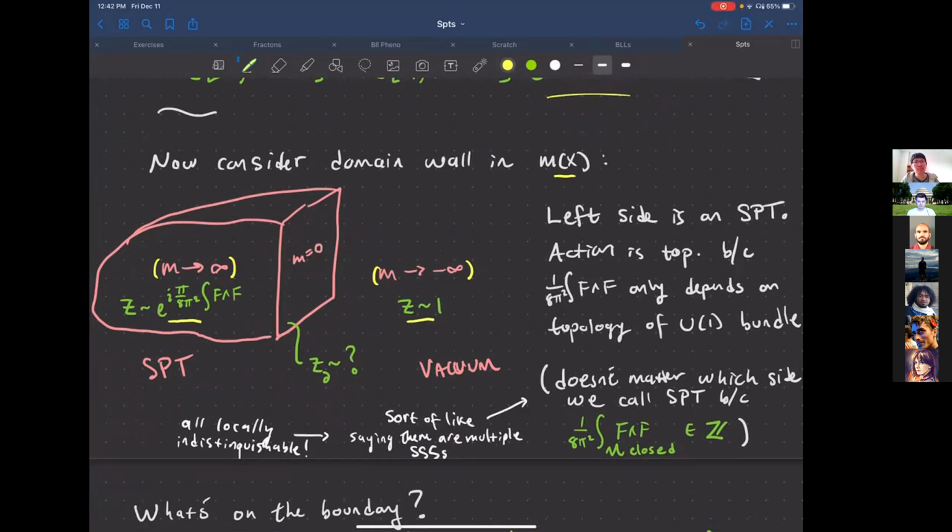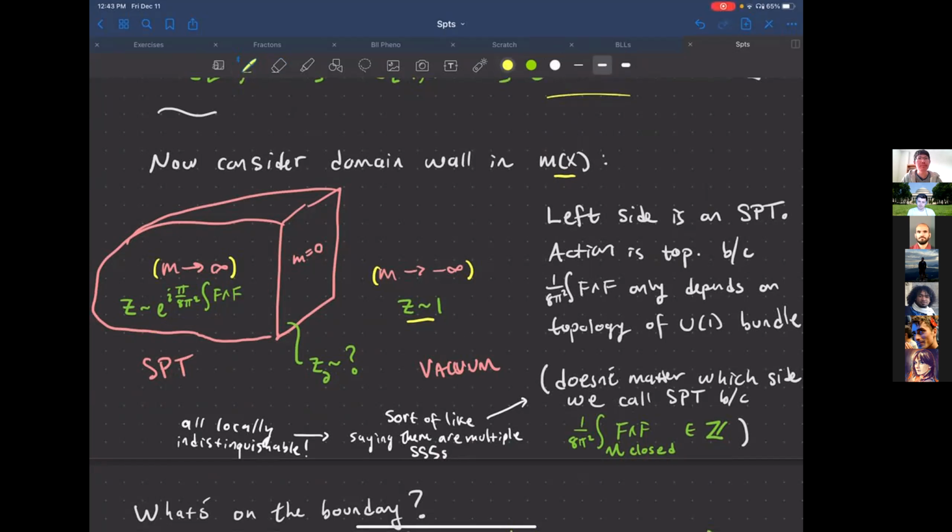The reason that I can do this is that this number actually turns out to be plus or minus 1. If you look at how this F wedge F is quantized, this phase is always plus or minus 1. And so basically because it's plus or minus 1, there's a Z2, and I can choose either side to be the vacuum.